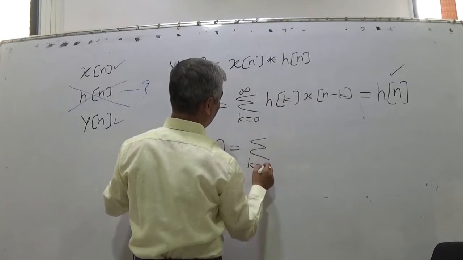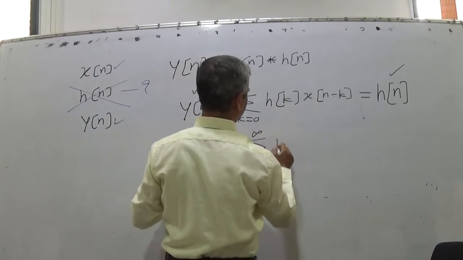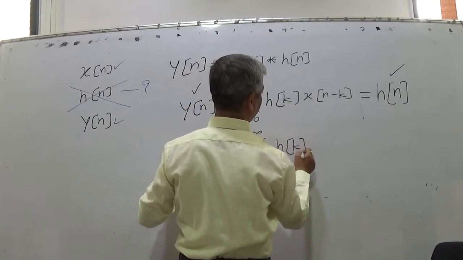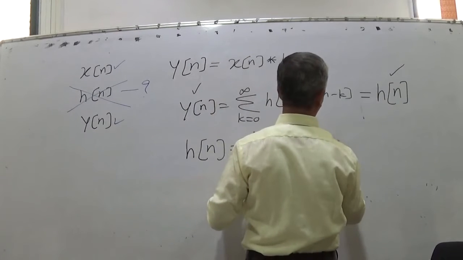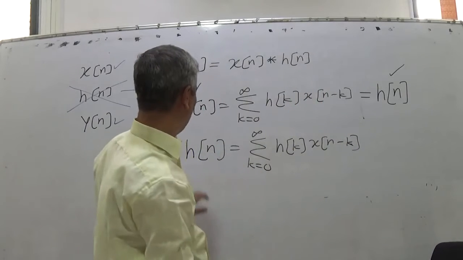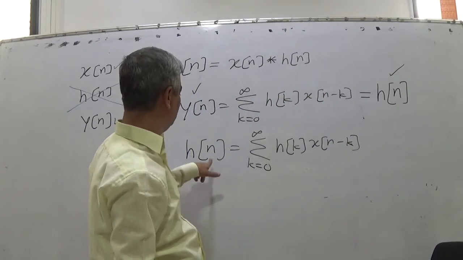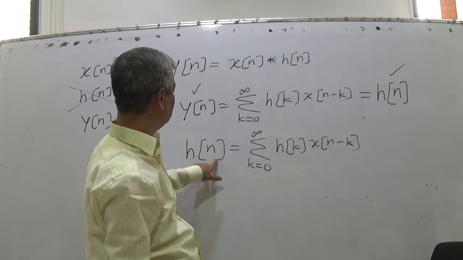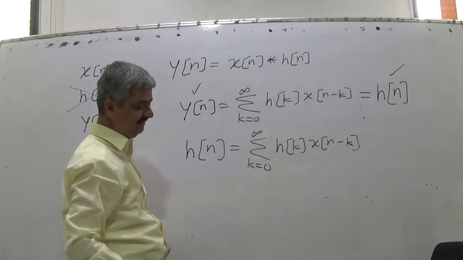For what input will it happen? Summation 0 to infinity h[k] x[n minus k]. For what x, for what input sequence, will I be getting this as h[n]?